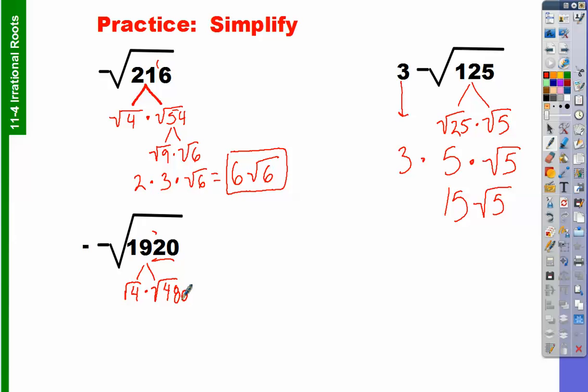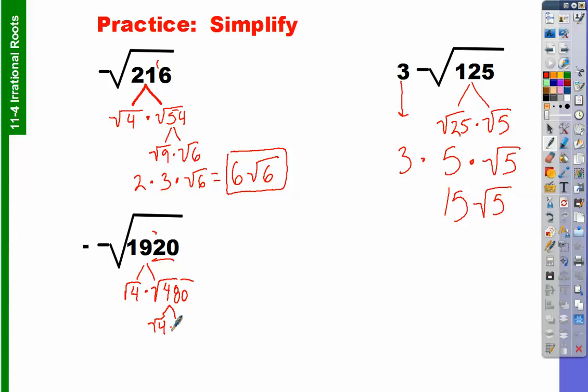All right. So then we have 4 times the square root of 480. What goes into 480 that is a perfect square factor? 10? No, 10's not. 4. Okay, we can do the 4 thing again. Absolutely.